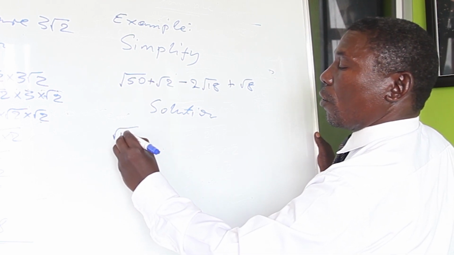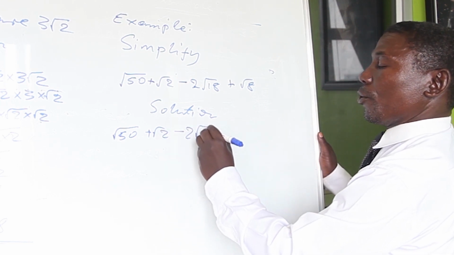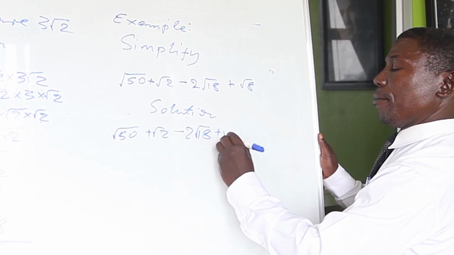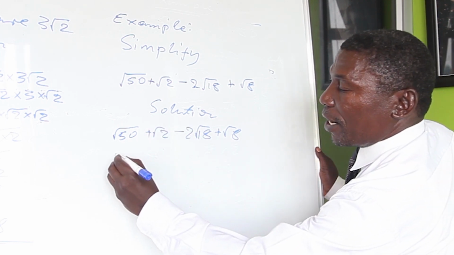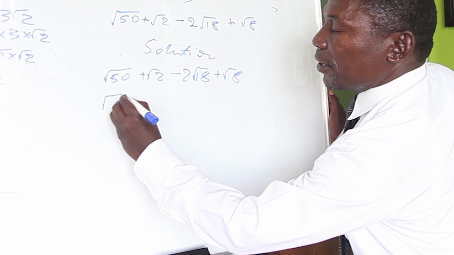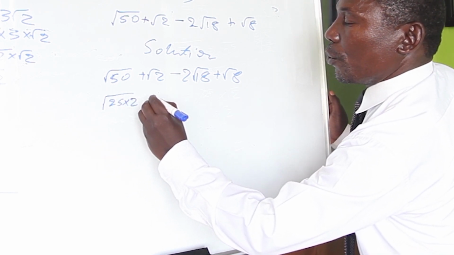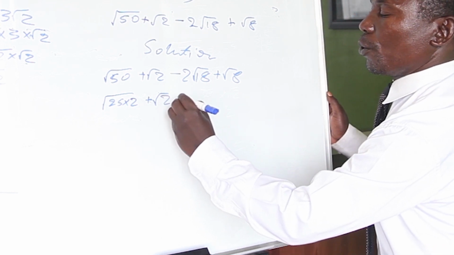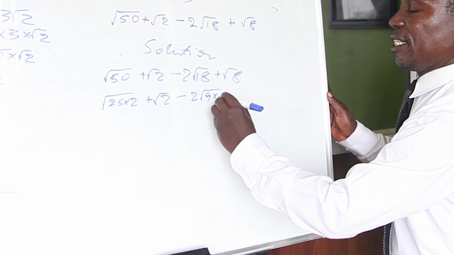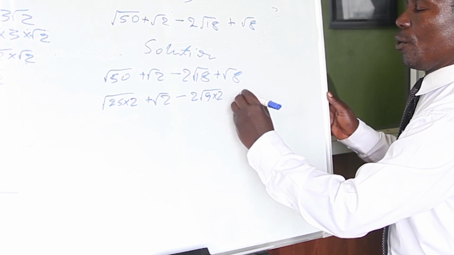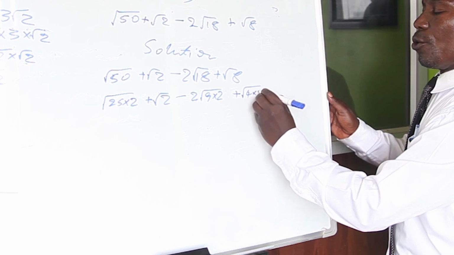So what we have here is the square root of 25 times 2, plus the square root of 2, minus 2 times the square root of 9 times 2, plus the square root of 4 times 2.